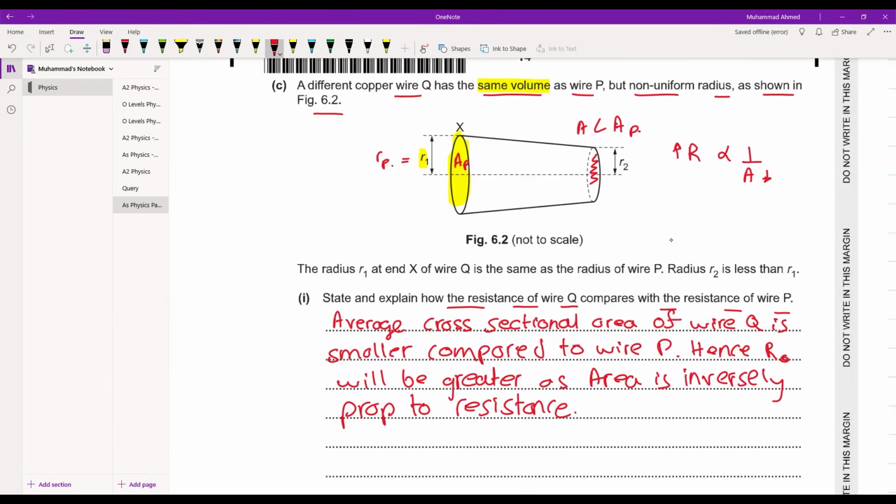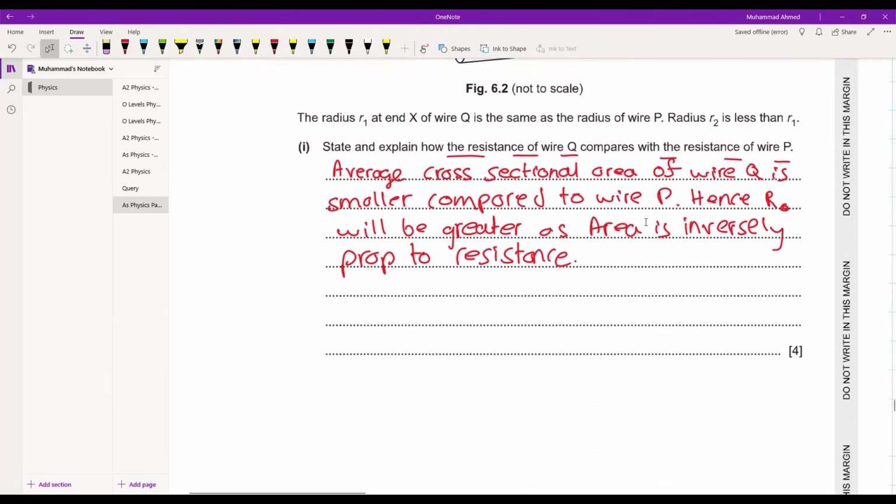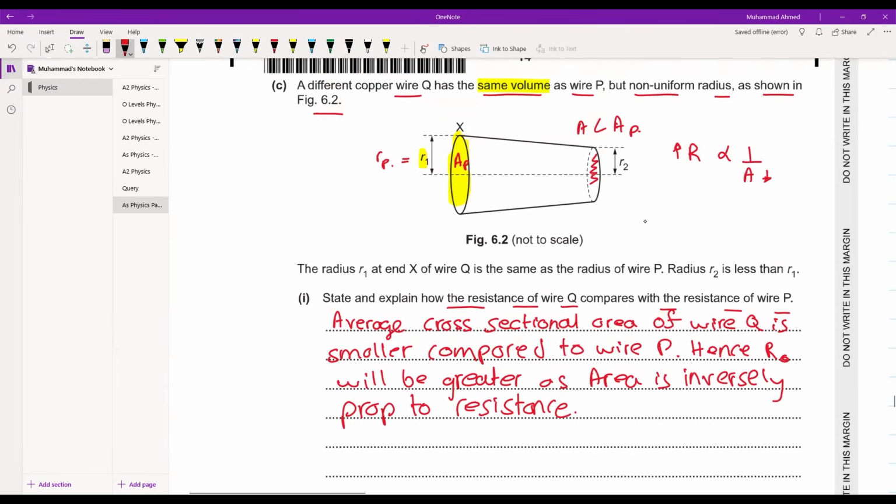Now, one last thing. If you realize, this is a four marker question. Yeah, here we have it. And you have only obtained 2 marks up to now. Can you realize the volume is remaining the same? Volume is equal to area into length.